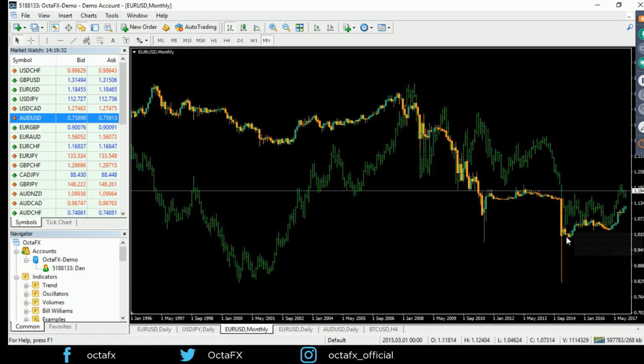So you can see that they're astoundingly closely correlated here, but they do diverge to quite a great extent here. So if you were using that arbitrage strategy, you'd look for a big divergence, such as what happened here, and you would look to buy euro dollar and sell euro Swiss with the expectation that the prices are going to converge again, which they did here.